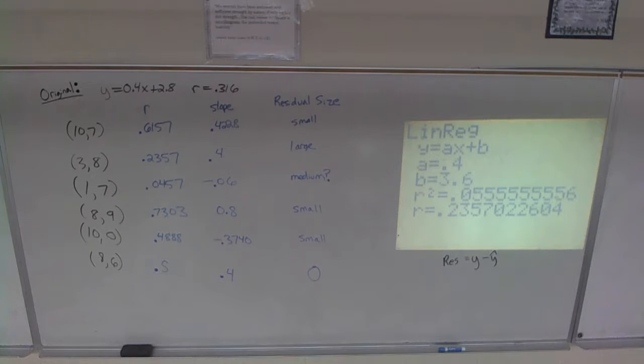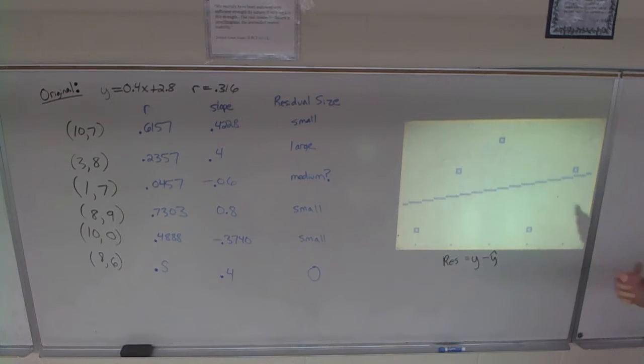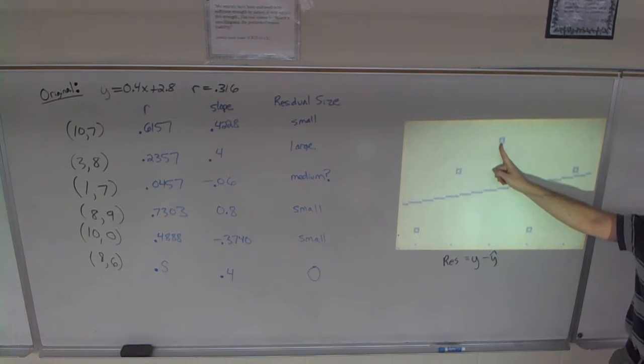My regression line is 0.4x plus 3.6. Clearly there's a very large difference, or discrepancy, between the predicted value for that x and the real value for that x. It's very far away from the line.